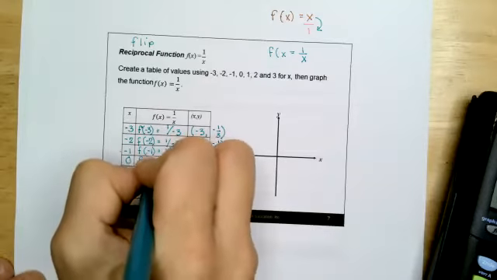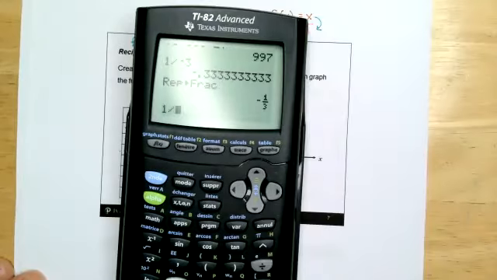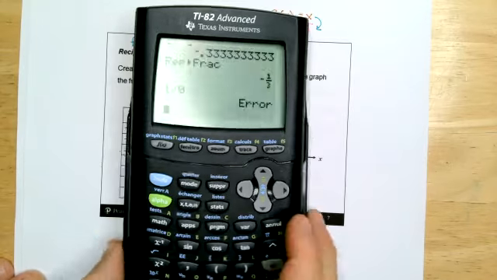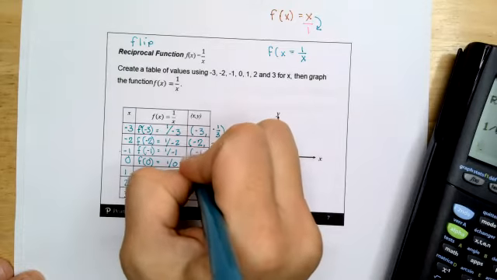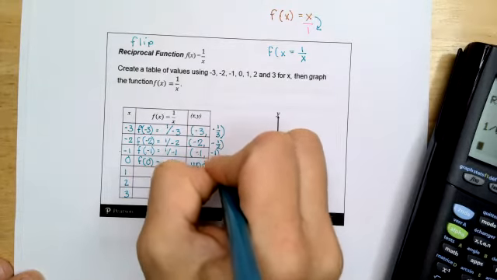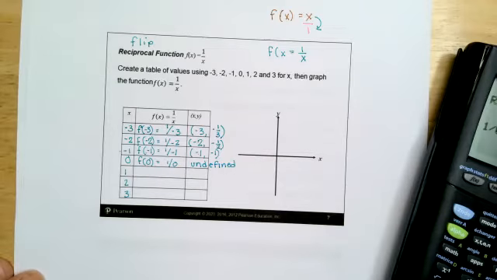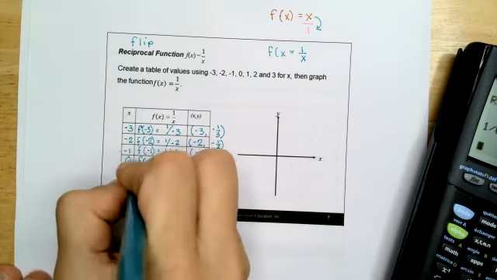What about 0? What if you try to divide 1 by 0? You get undefined. You cannot divide by 0, so it does not exist. The graph does not exist at x equals 0. Good. Over to positives.